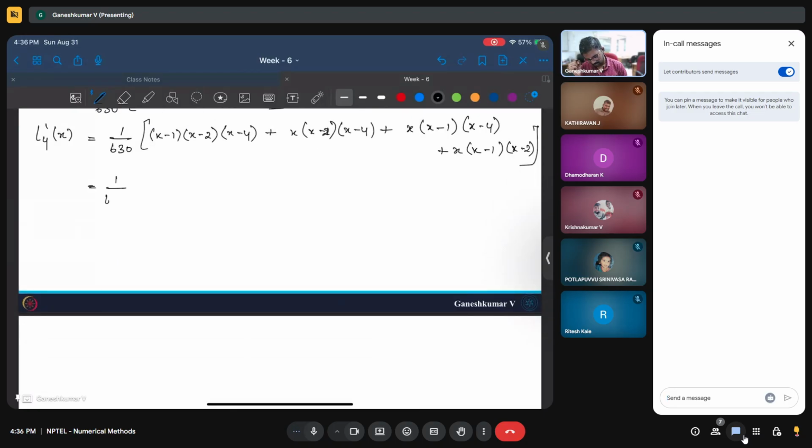All right. If you want to substitute x equal to 3, what will happen? 3 minus 2 is 1, 3 minus 1 is 2, and so on. 2, 1.